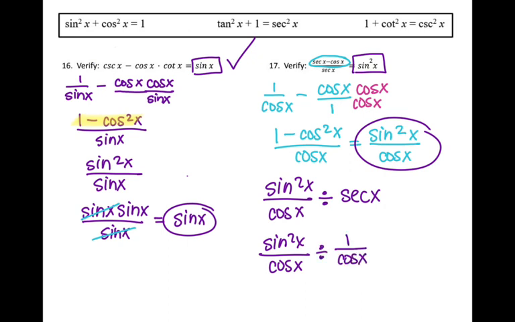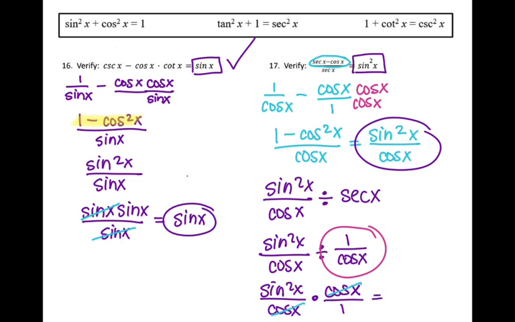And since we're dividing fractions, I can flip it over and multiply by the reciprocal. So I have sine squared of x over cosine times cosine over 1. And since I am multiplying, these two cosines cancel out, leaving me with sine squared of x, which is exactly what we were looking for.